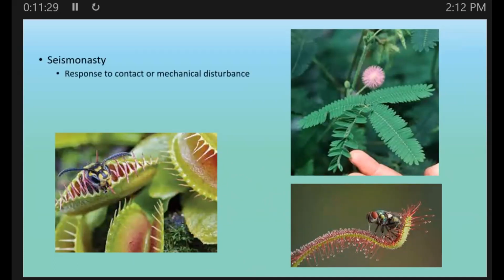So this is the idea of seismonasty again, where the insect crawling on them, that mechanical physical action on the plant, causes the plant to respond in these pretty dramatic mechanisms. So those are really good examples of turgor movements that can be very quick in time.